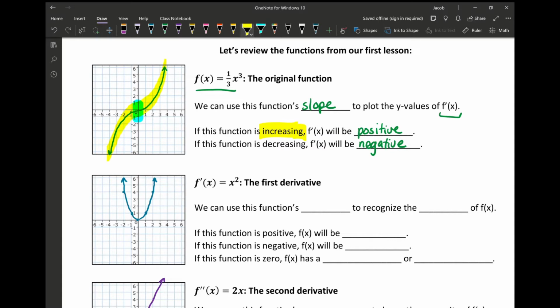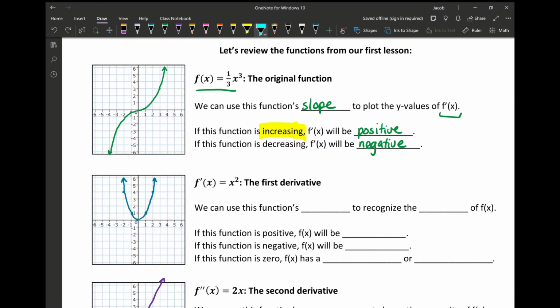The y values are always positive, except for the y value at x equals 0, which is also 0. So this graph is never negative. It's never decreasing. The original function is never decreasing. So the slope, that first derivative, is not going to be negative.